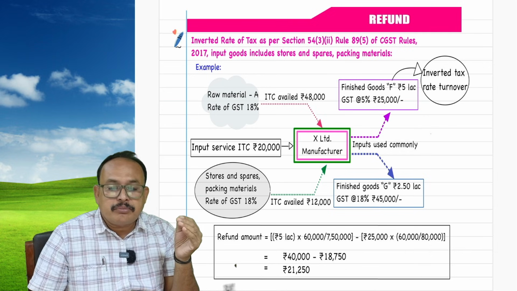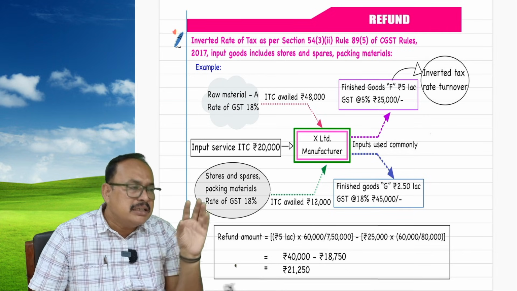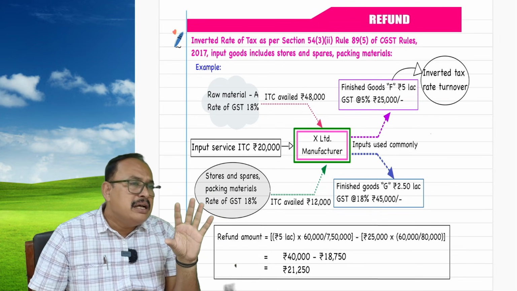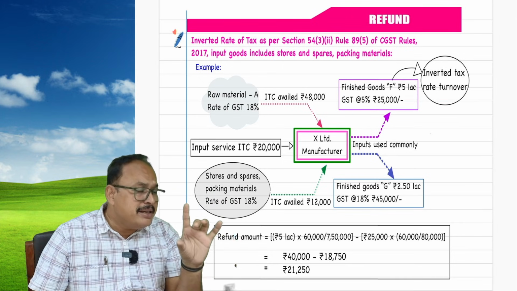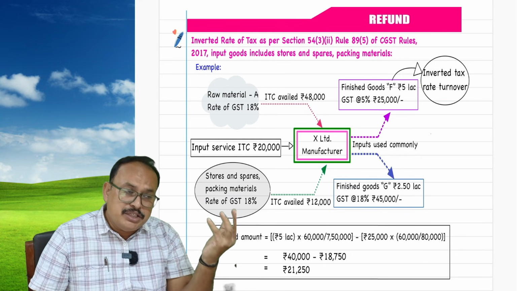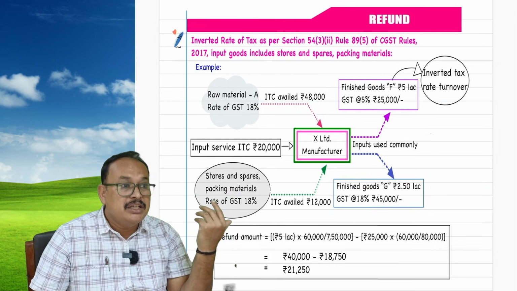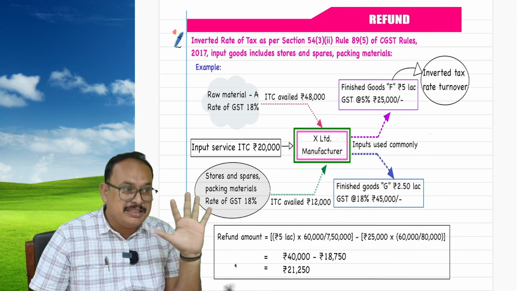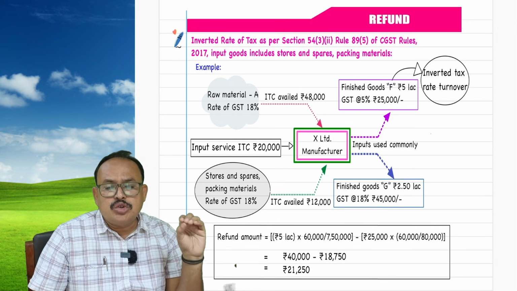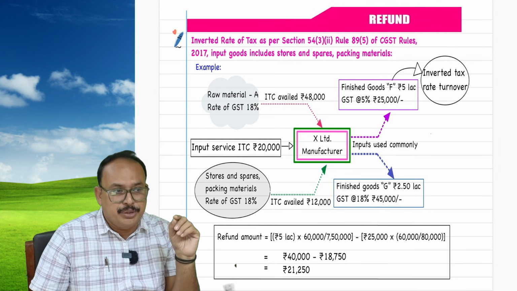Now, when we refer to what is given on the screen, you come across this. Raw material A 18% GST, stores 18% GST. My finished goods 5% GST, other finished goods 18% GST. So the inverted turnover is only at 5%, not 18%, which is 5 lakh rupees worth of goods I produce.